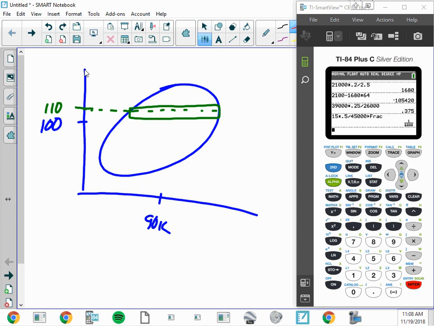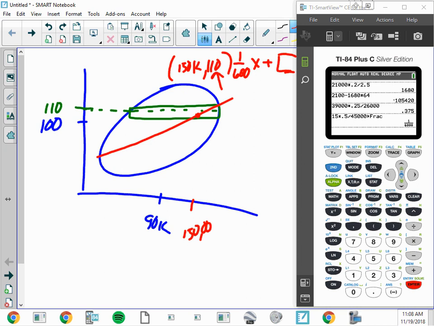So let's use the regression equation that we have, 1 over 6,000 x plus, I don't know what it is, we didn't figure it out. But if a person has parents who make $150,000, and we go up to the regression equation right there, that point is 150K, comma 110. Is 150,000 a good prediction for that person?